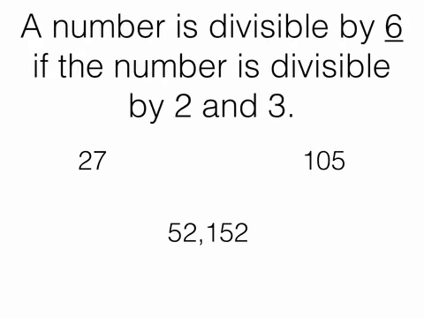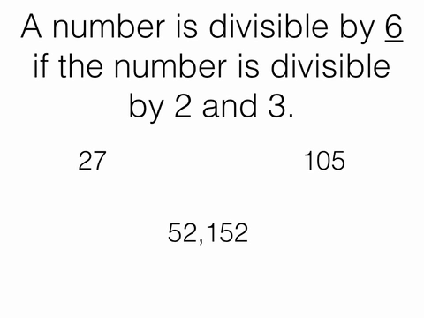Number is divisible by 6 if the number is divisible by 2 and 3. So this first one, 27, I know it's not divisible by 6 because 1, it's not divisible by 2 because it's not an even number. And 2, it's not divisible by 6 because 2 plus 7 is 9, and 9 is not divisible by 6.